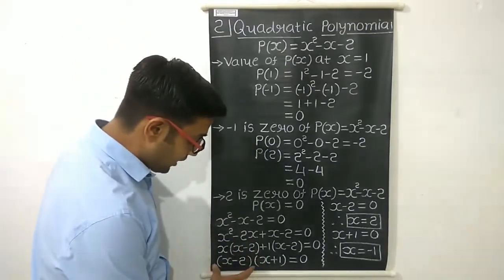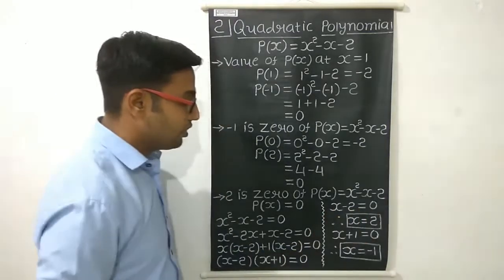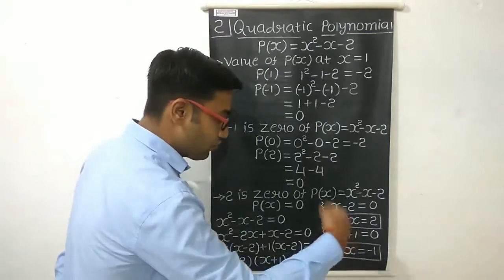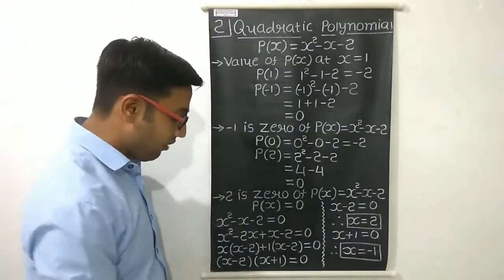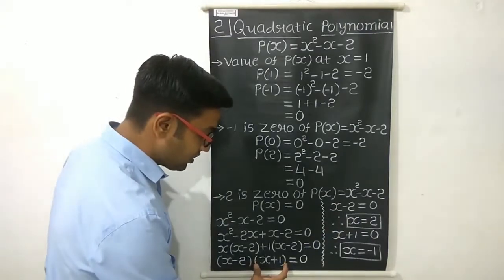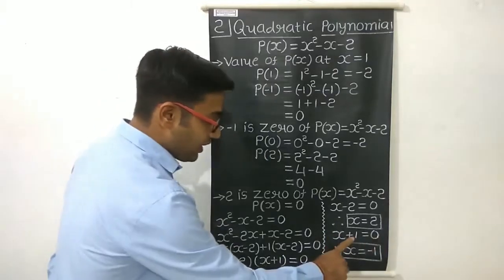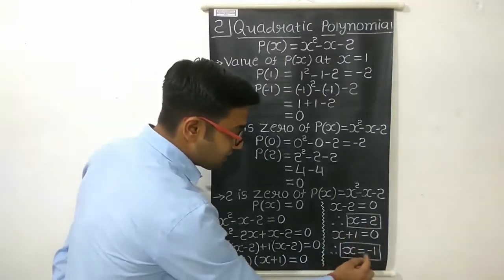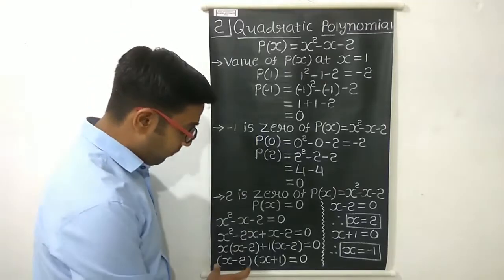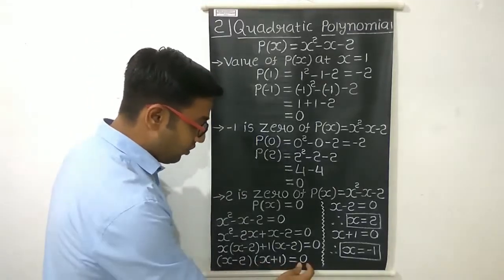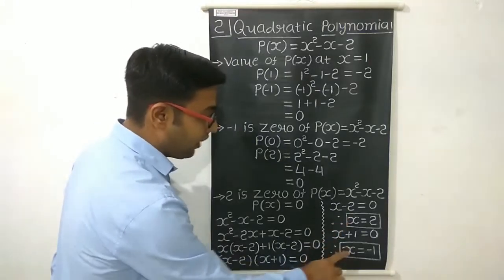By comparing x minus 2 with 0, we get x minus 2 is equal to 0. By taking this 2 to the right hand side, we get x is equal to 2. Now we will compare this x plus 1 with 0. Then x plus 1 is equal to 0. Taking this 1 to the right hand side, x is equal to minus 1. So we compare one factor with 0, then we compare another factor with 0 and get the value of x.